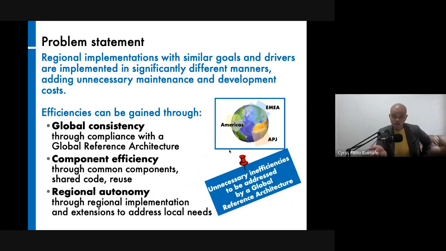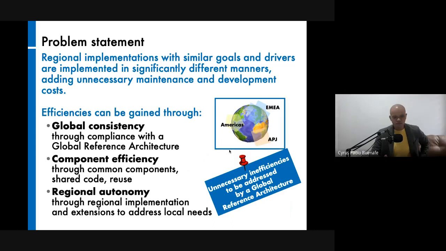A global consistency, through compliance with the global reference architecture, component efficiency through common components, shared code, reuse, and regional autonomy through regional implementation and extensions to address local needs. So it's not going to be uniform across the board. There's going to be some level of flexibility depending on the area where you're in, but ideally you still want to have something that's consistent across the board.